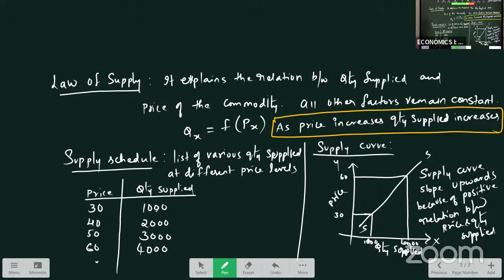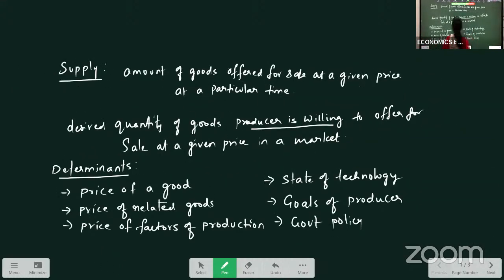Okay, so now this is one more 5 marks question from the exam point of view in this chapter. In this chapter you have a 5 marks question, that is supply and its determinants.